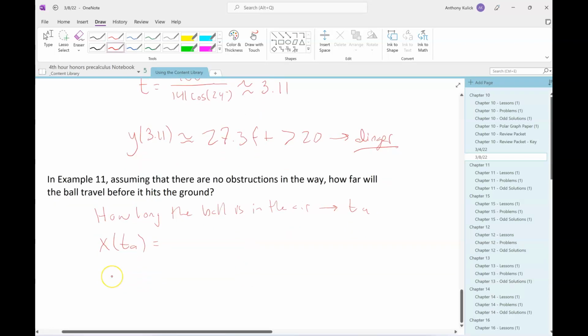So what is the height of a ball when it hits the ground? I mean, 0, right? Yeah, we'll just write it.